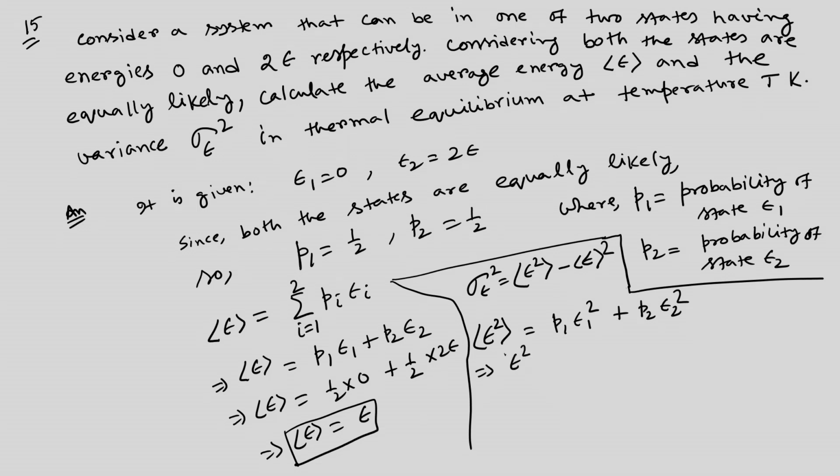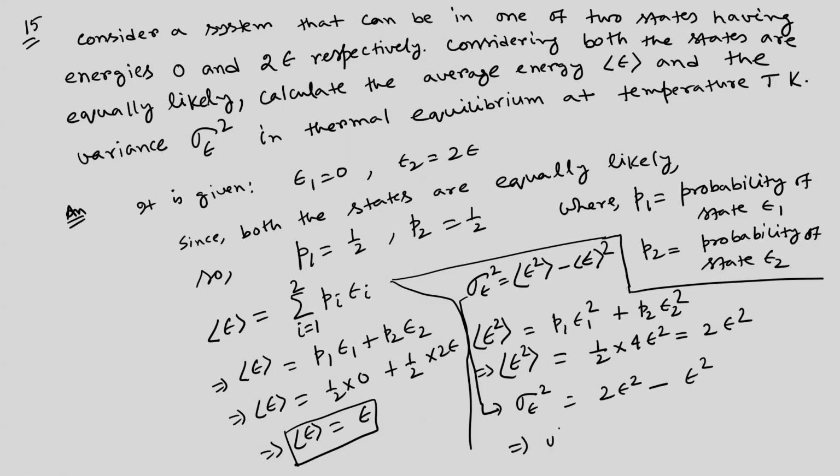So, we get epsilon square average is half times 4 epsilon to the 2, or we get 2 epsilon to the 2. So, the variance of energy is 2 epsilon to the 2 minus epsilon to the 2.